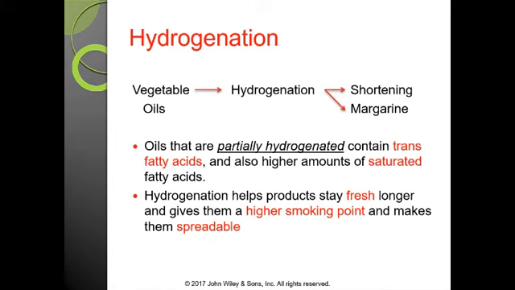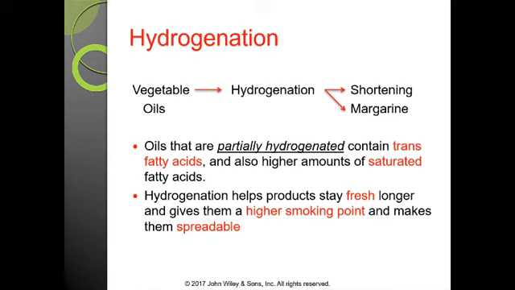The hydrogenation process was created to help products stay fresh longer and also give them a higher smoke point. It also makes them more spreadable. So you can see just how this process came about and why it came about, because when people started eating more highly processed food after the Industrial Revolution, when they were really trying to give products a longer shelf life, this was a genius idea.